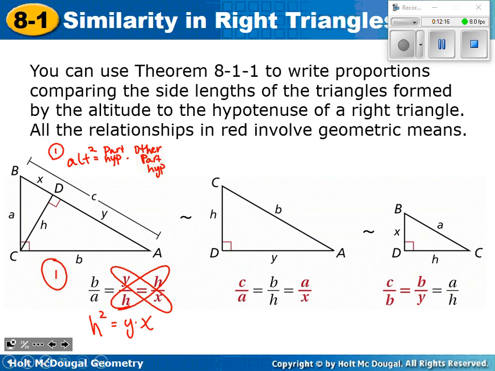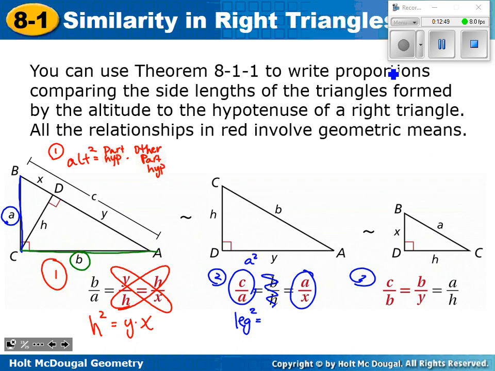Your second shortcut is this one here, and they show it both ways because there's two legs in a right triangle. So you could be looking at leg A, or you could be looking at leg B. So it depends on which leg you're looking at. If you're looking at leg A, then the shortcut is that the leg squared is equal to, because again, if we were to cross multiply, so we're just looking at these parts in red, we would end up with a squared equals c times x.